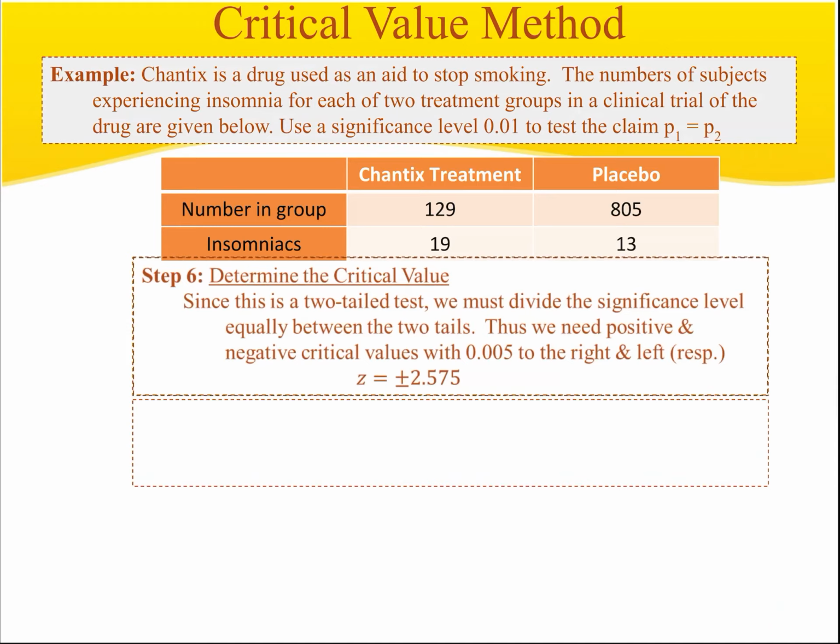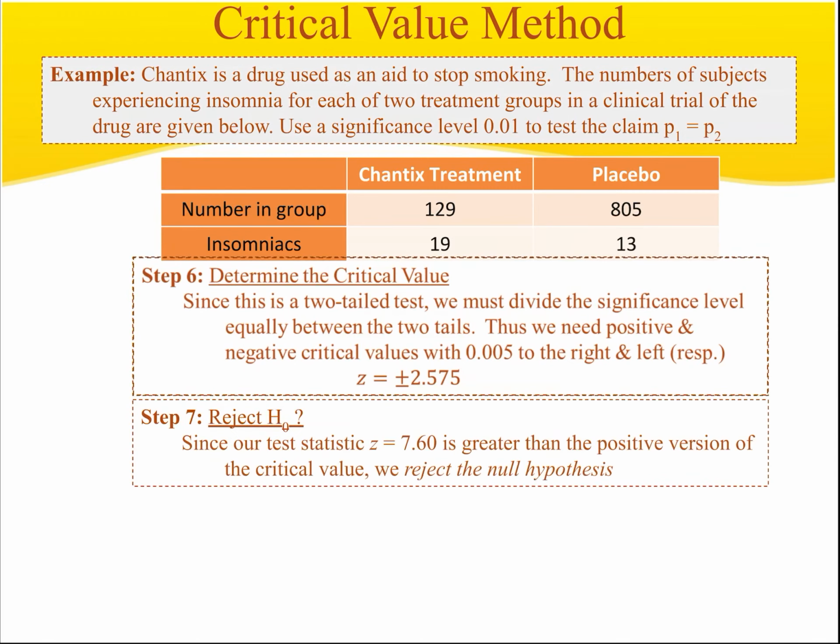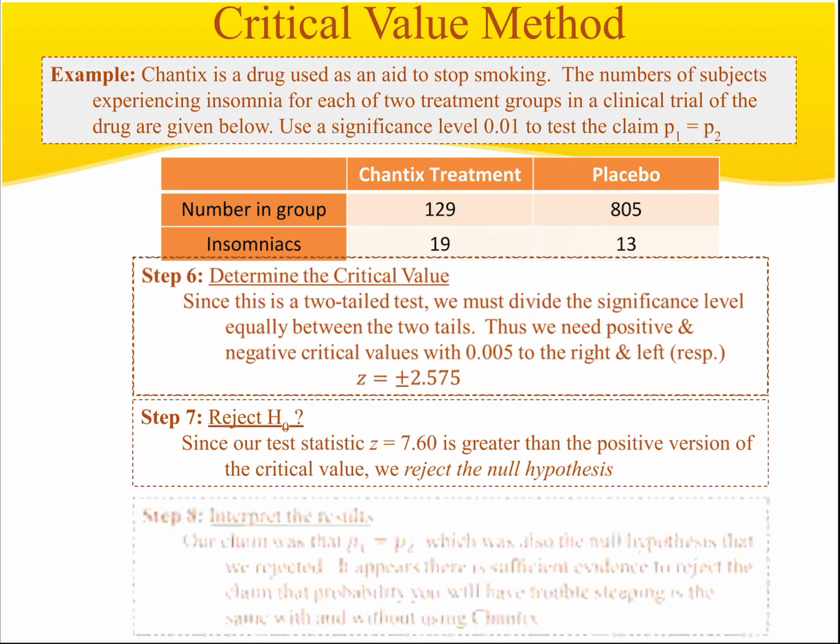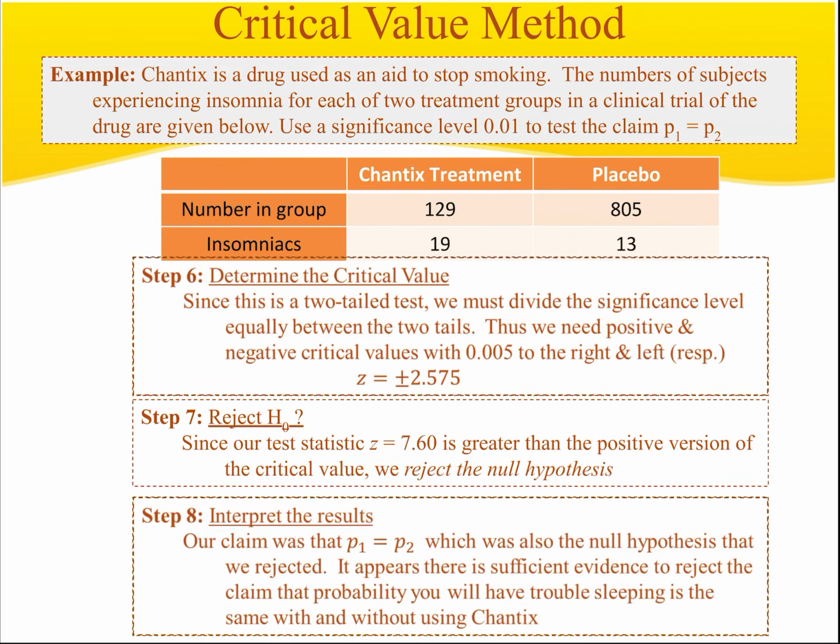So we'd have 2 critical values for z that correspond to that, either positive 2.575 or negative 2.575. Since we have a positive test statistic, we're going to compare our 7.6 to the positive critical value, the positive 2.575, and it is much greater than that critical value. So that means that it's in the critical region, so we're going to reject the null hypothesis.